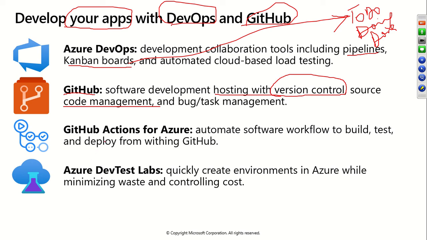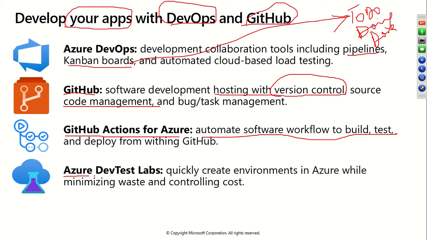We also have GitHub Actions for Azure. With GitHub Actions, you can automate the deployment of your software. GitHub will store your software version, and when the software is stored, you want it to automatically run on Azure. Then you use GitHub Actions for that.